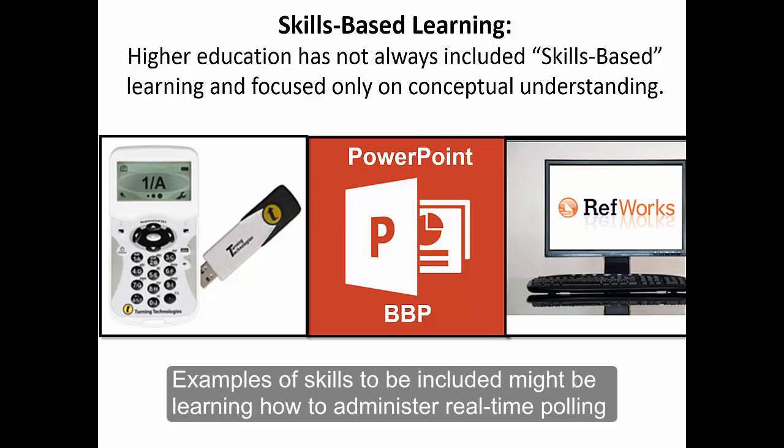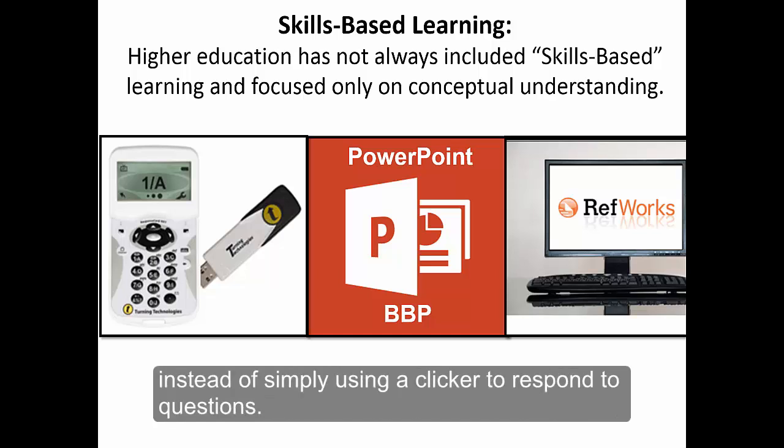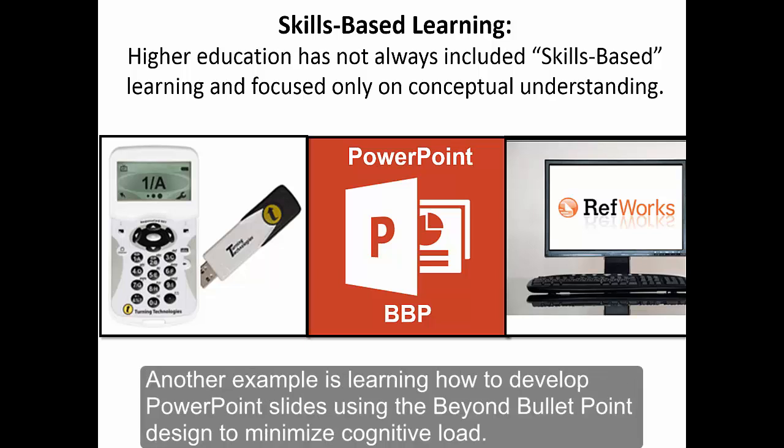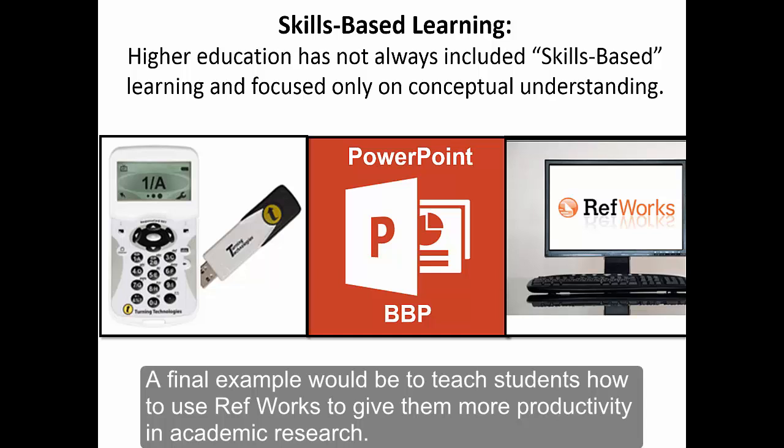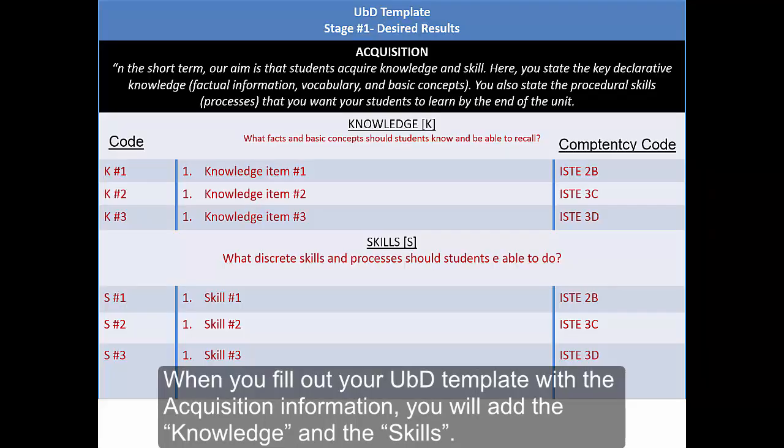Examples of skills to be included might be learning how to administer real-time polling instead of having students simply use a clicker to respond to questions. Another example is how to develop PowerPoint slides that utilize the beyond bullet point design to minimize cognitive load. A final example would be to teach students how to use RefWorks to give them more productivity in academic research.